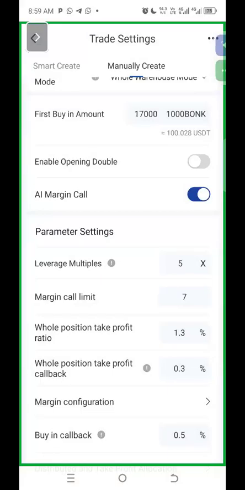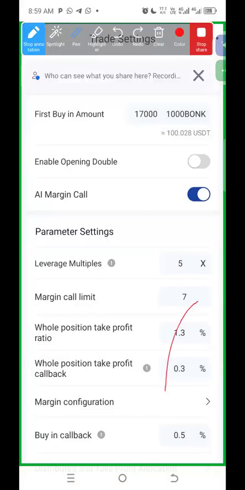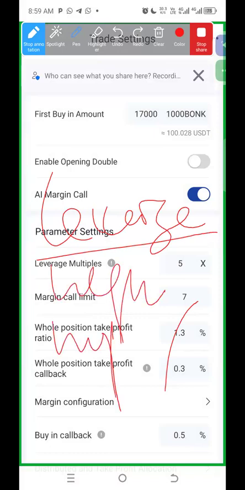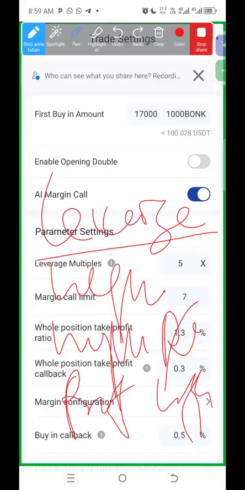Now, mind you, leverage constitutes another important part of your risk management. Because you've already made it known to every trader that you are on the futures market, you are trading based on leverage. And the higher your leverage, the higher your risk of making profits or the risk of getting liquidated. Do you get it?